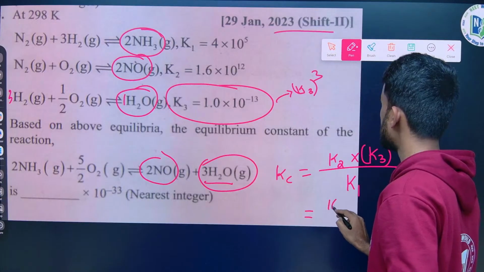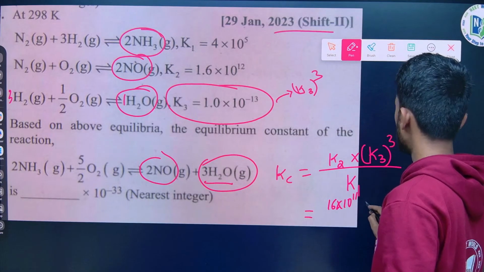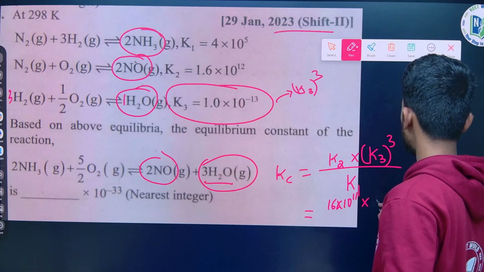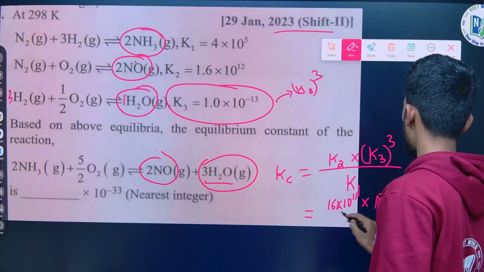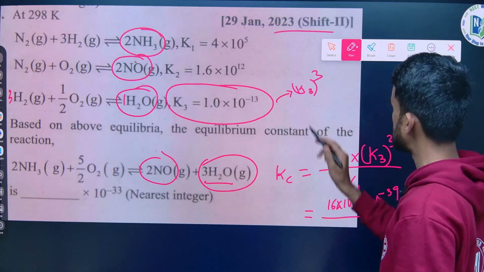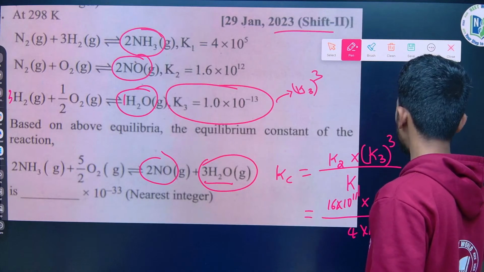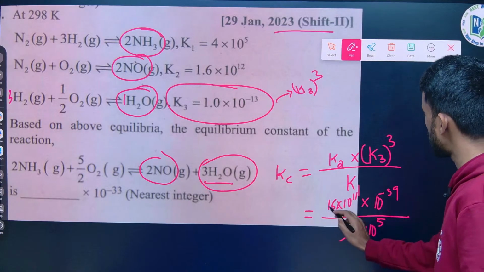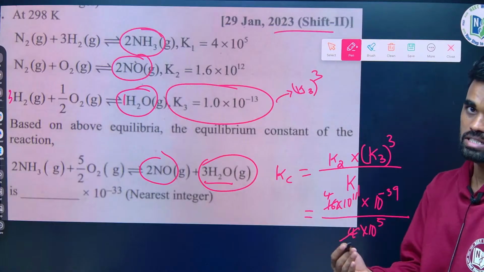I can write 16 into 10 power 11 for K2, multiplied with K3, which is 10 power minus 39, divided by K1, which is 4 into 10 power 5. These are the values we have. Just simplify these and you will get a particular value that will be your answer.